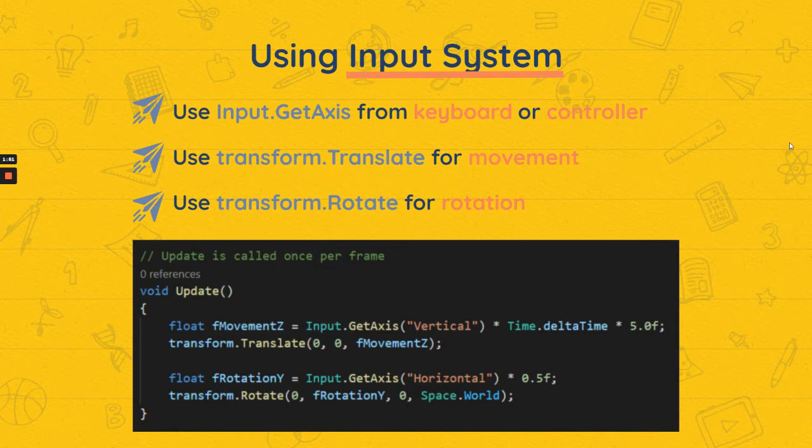So you can use the input.axis to achieve this, and from that you can retrieve a float number from -1 to +1. So in between this, it'll be some of the numbers that you can use, and this is a float number. So getting the float will allow you to use it for moving it using the transform translate, and also if you need to, you can also rotate it using the transform rotate.